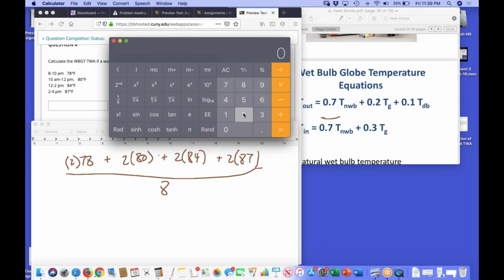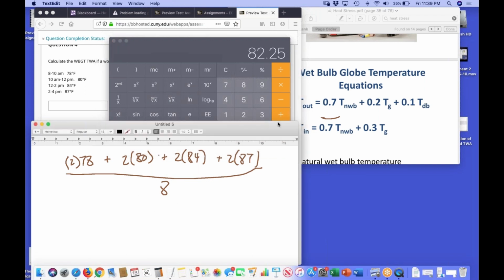And 2 times 87, 174. We're going to add that to memory. I'll clear this, I'll recall memory, and I'm going to divide by the 8 hours. Equals 82.25. Okay, I could round it, I guess, to 83.